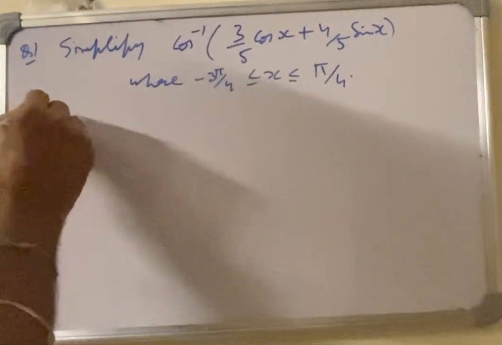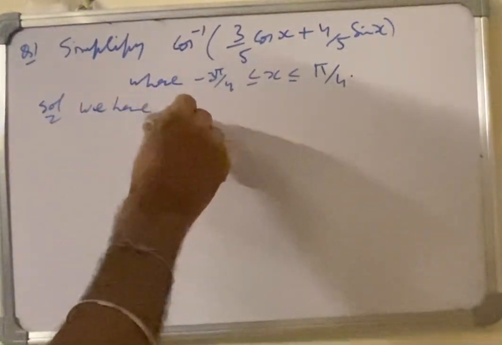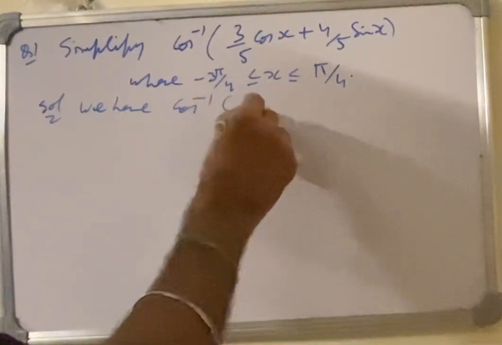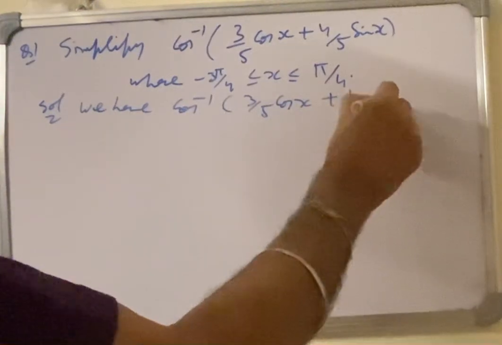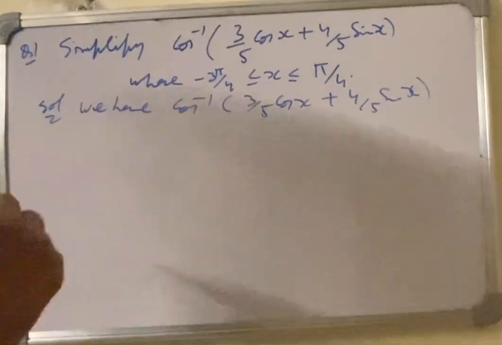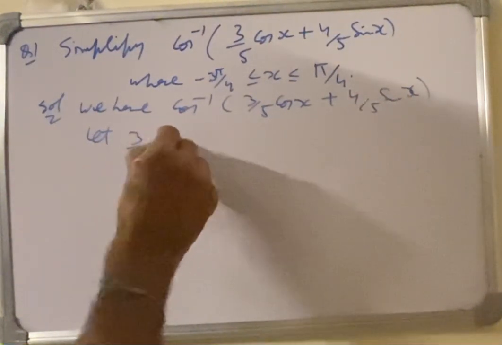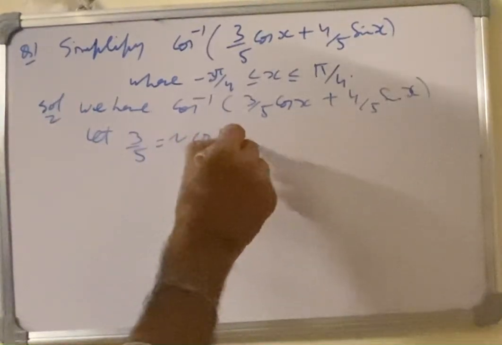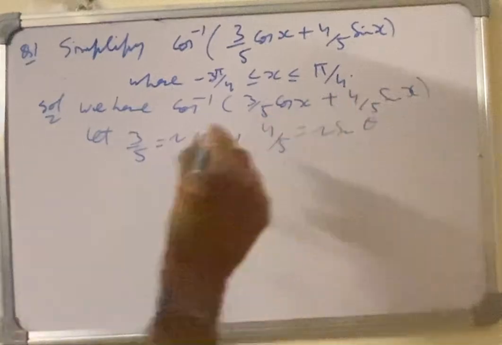Solution, we have cos inverse 3/5 cos x plus 4/5 sin x. Let 3/5 equal r cos theta, and 4/5 equal r sin theta.